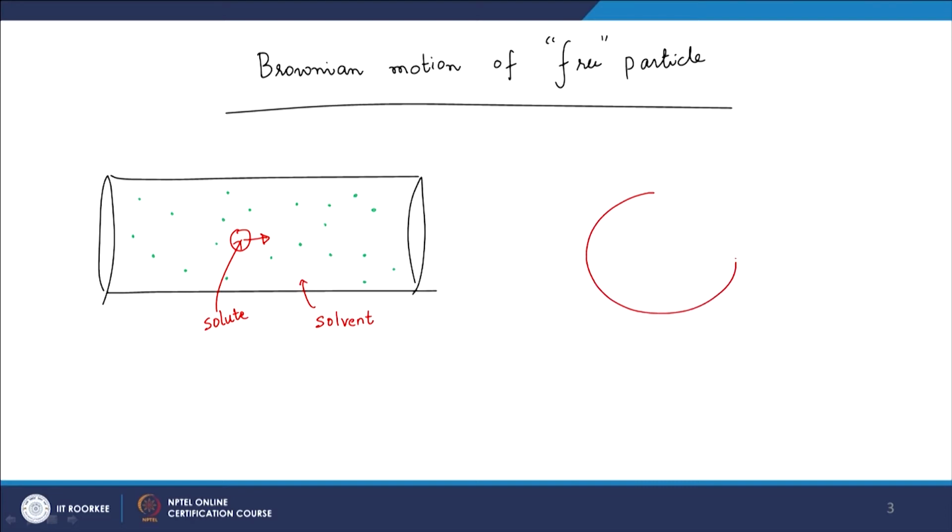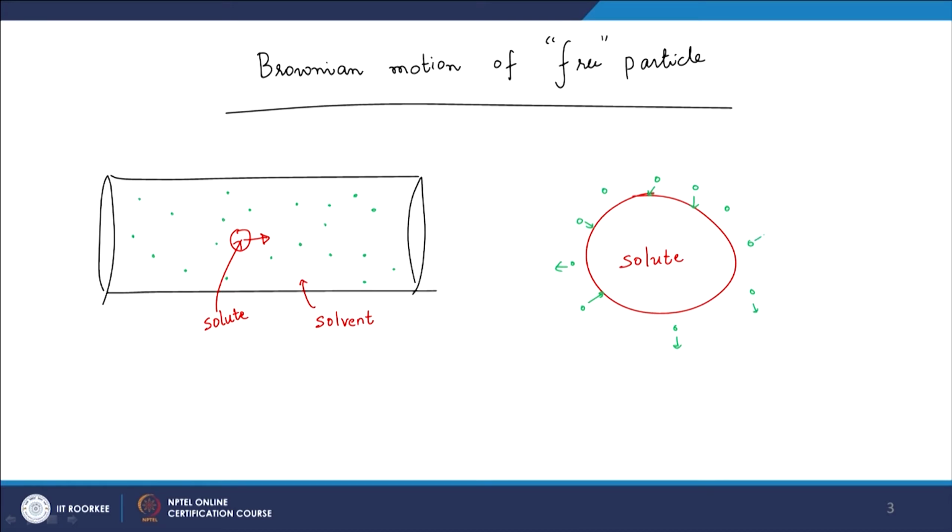So, if I really zoom in there, what I would see is we have this solute particle surrounded by solvent molecules which are bumping into it.